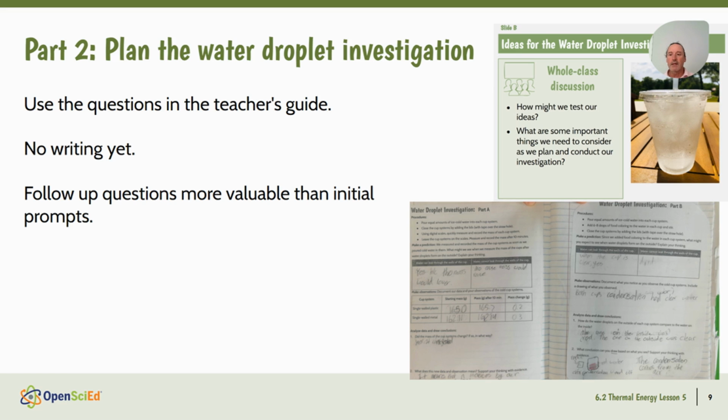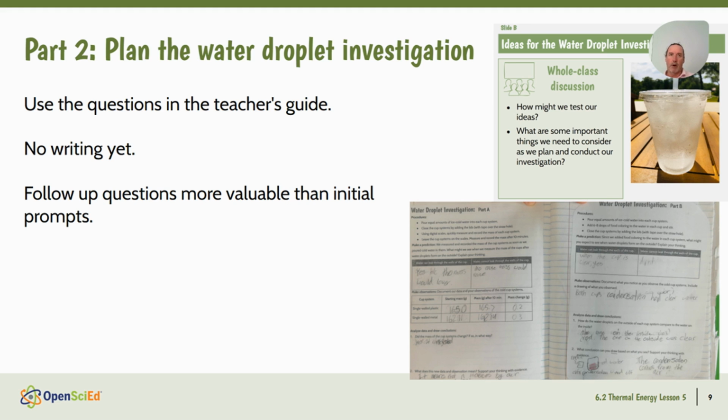The first one that I identified is in part 2, where they're planning their water droplet investigation. As a little note, the second slide tends to confuse kids a little bit, so I've added a couple additional prompts in addition to those in the teacher's guide, one of which is what tools have we used that might help us out here, or what measurement might be more helpful, would we use temperature or would we use mass?